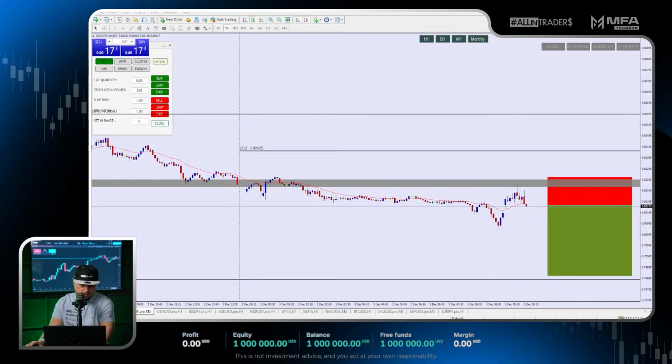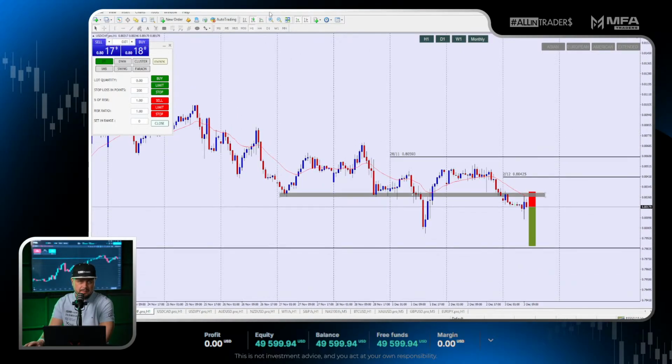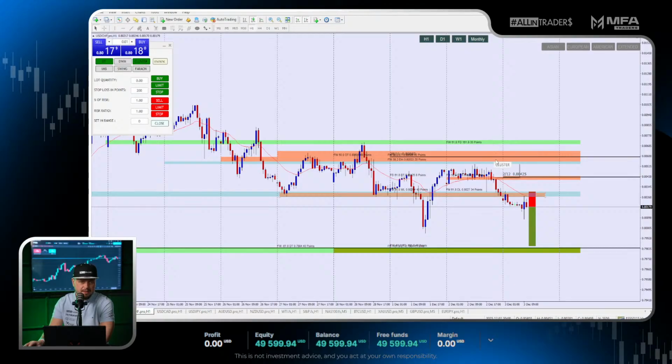To switch account. This is 25. Okay, so we got a plan for USD CHF, and this may work. There is a cluster at the target right here and right at the bottom.